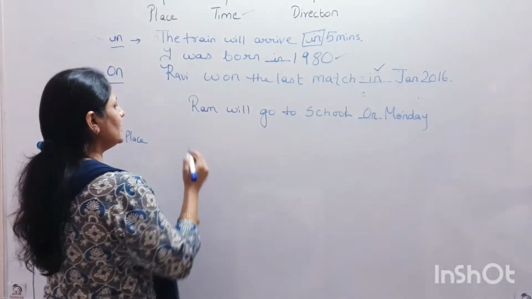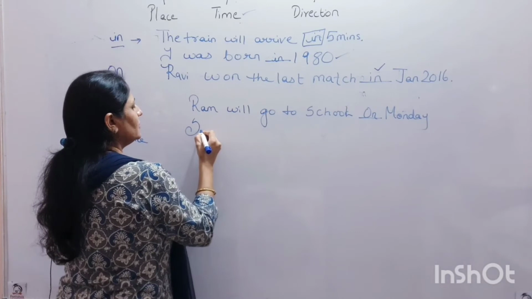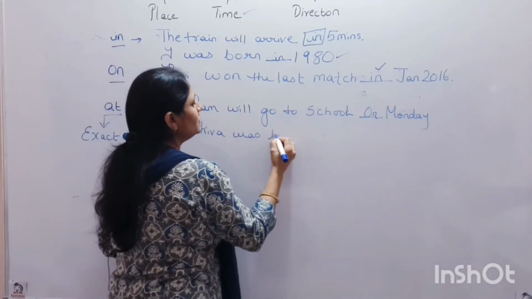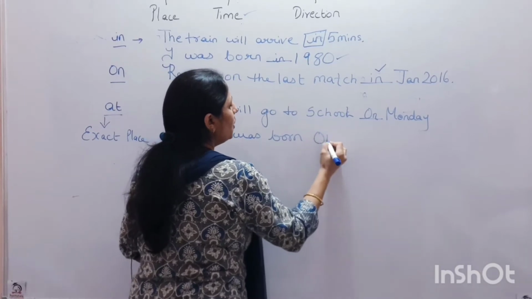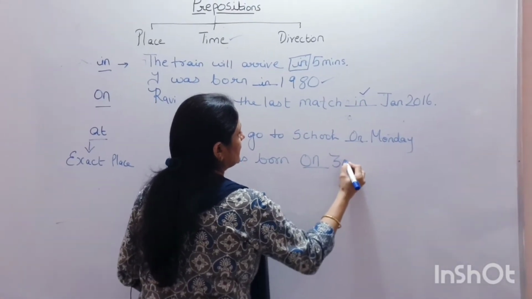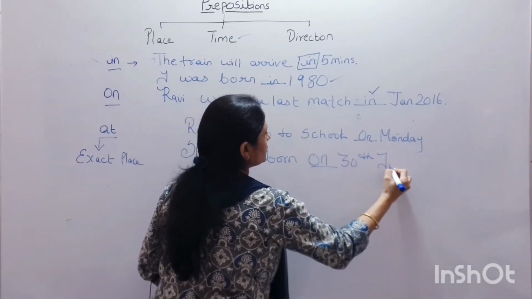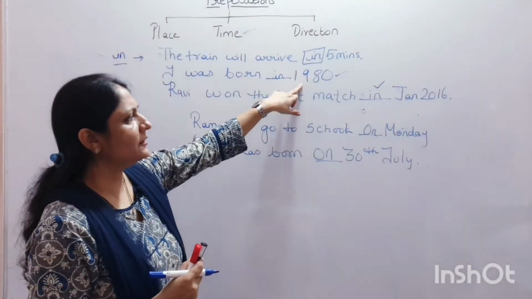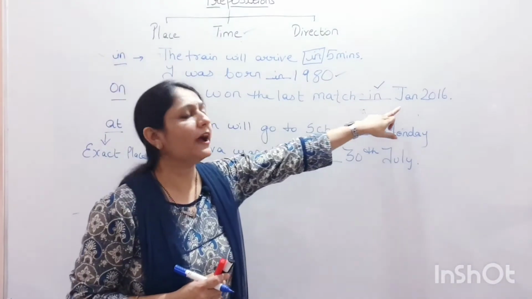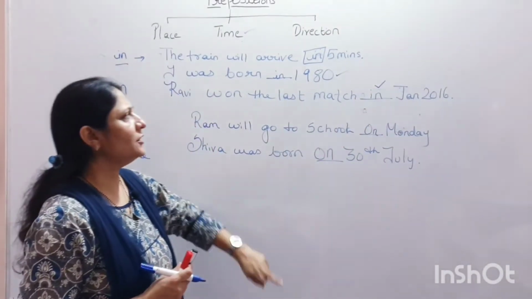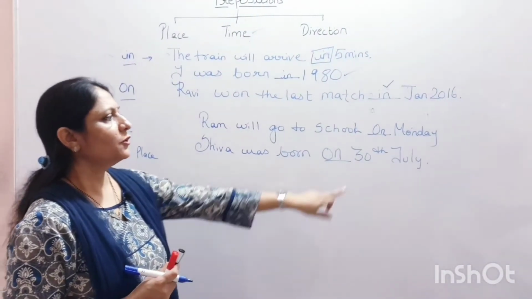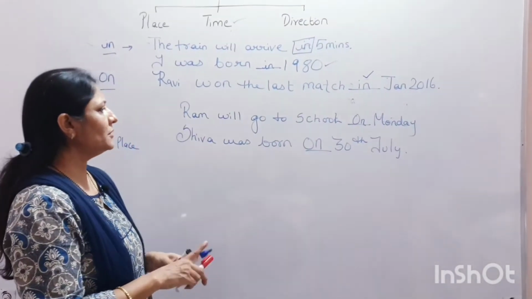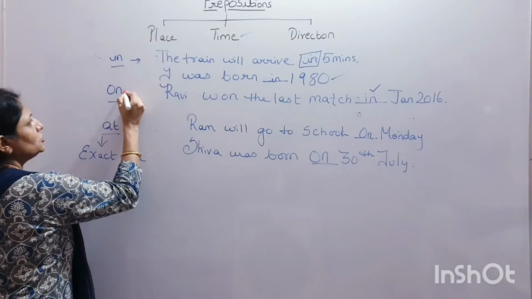Now again I can say, Shiva was born on 30th July. As I told you earlier, with years and with months, we use in. But with days and with dates, you need to remember these 2 things with related to this on.